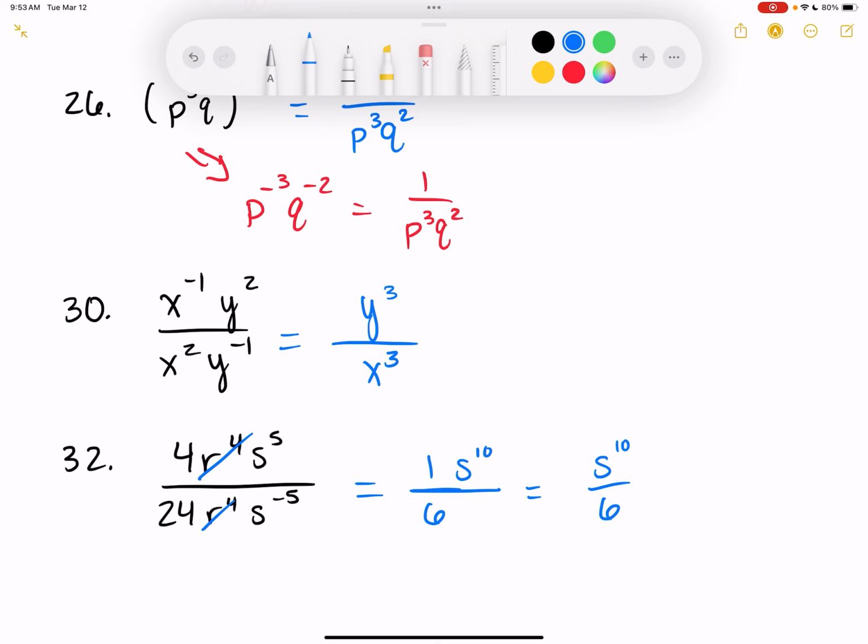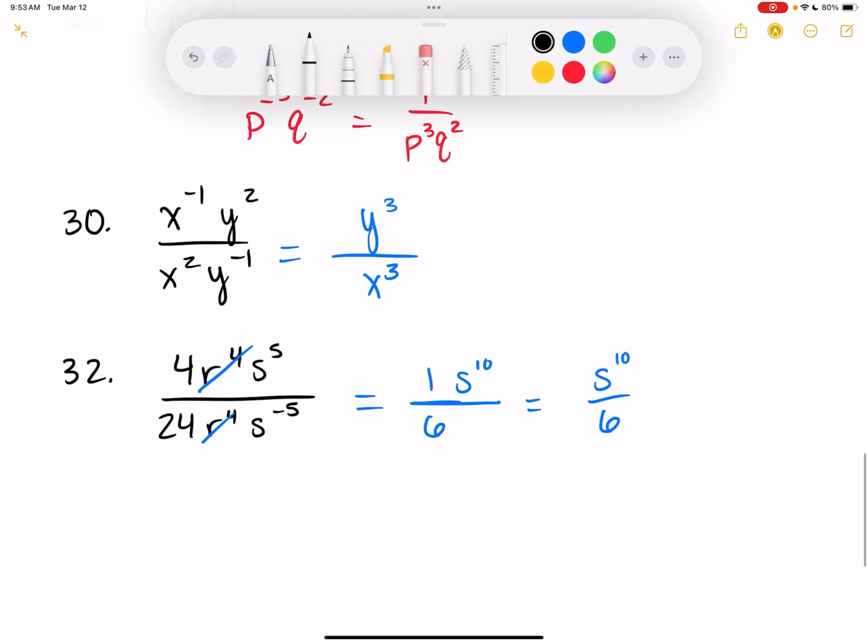All right, this next one I want you to try on your own, because I tend to give you one like this, at least on a quiz or a test at some point, that we've got y to the 11th over 4z cubed times 8z to the 7th over y to the 7th.